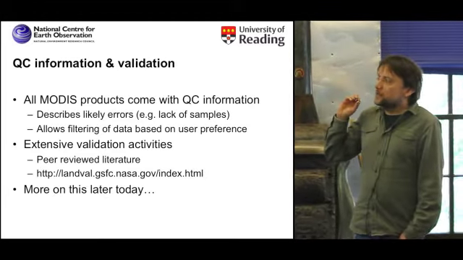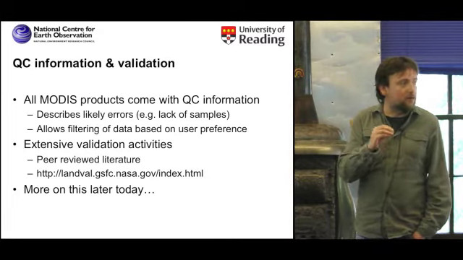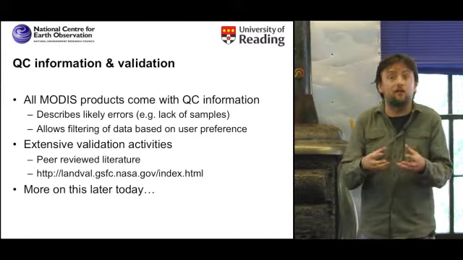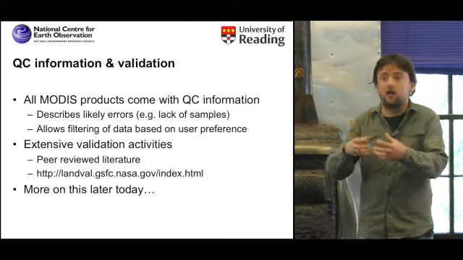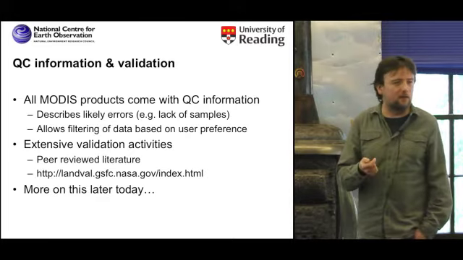It describes the likely sources of error in that data. So, for example, where they haven't had enough observations to generate a specific product to a certain level of quality. And importantly, it allows users to filter those data out.